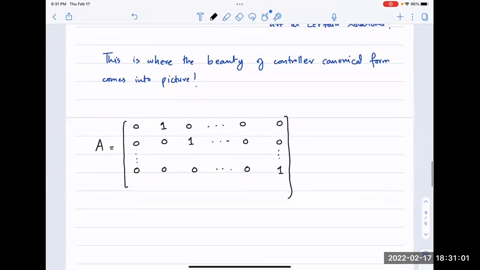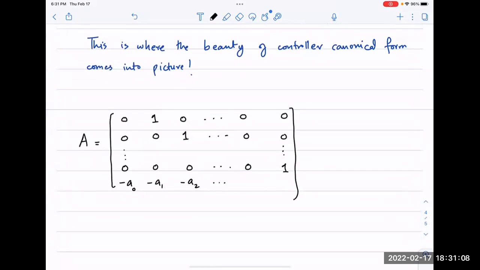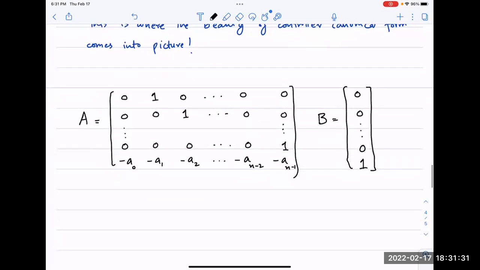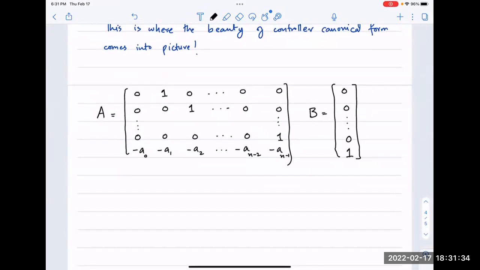And the last row, if you recall, is negative a0, negative a1, negative a2, up to negative a(n minus 2) and negative a(n minus 1). And the vector B is all zeros, and the last entry is 1. So this is the original system in controller canonical form.